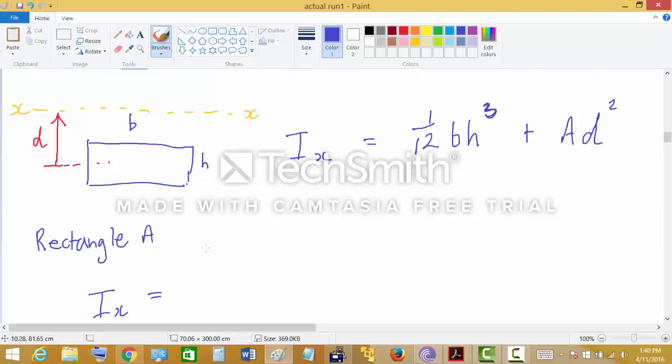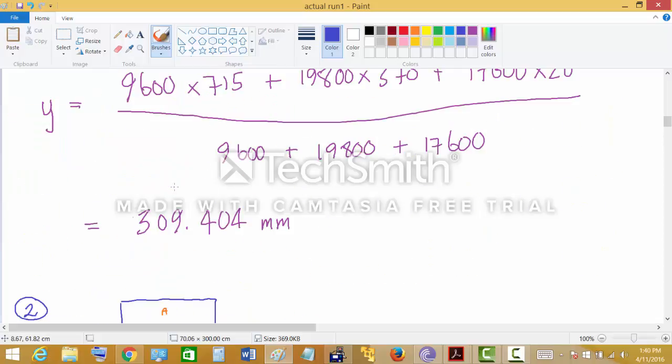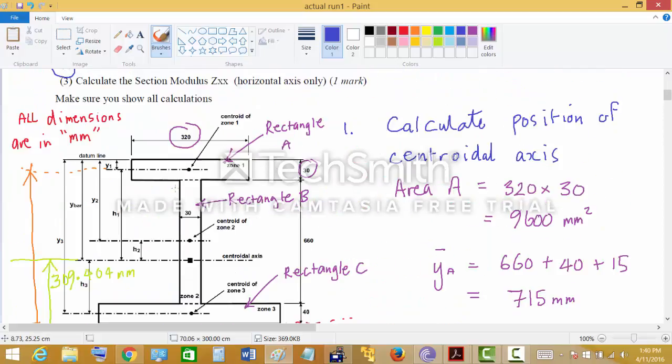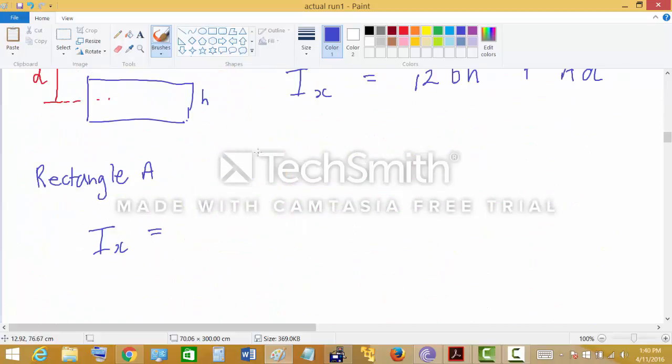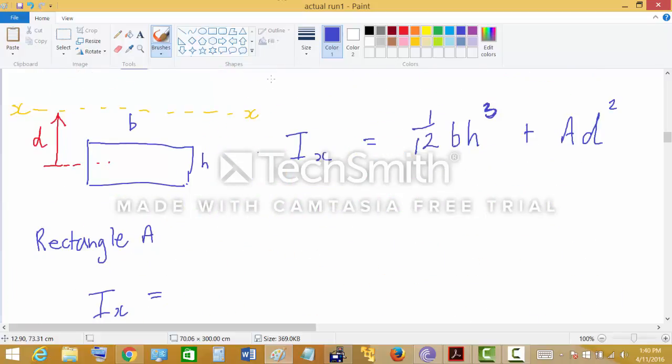So put those figures in for rectangle A. B is 320 and H is 30. So it's 1/12 times B is 320 and H is 30.